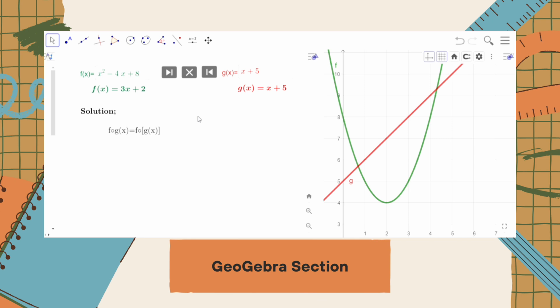So for the composite function, we will have two or more functions. Okay, given here, the first function is f(x) equal to x squared minus 4x plus 8, and the second function is g(x) equal to 8x plus 5.